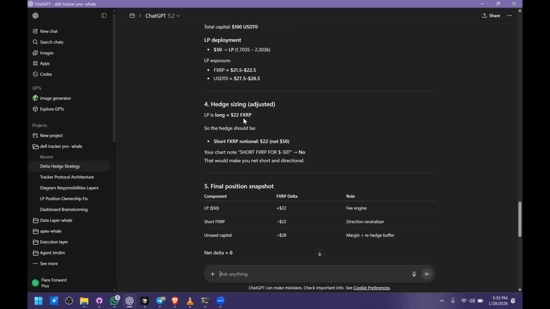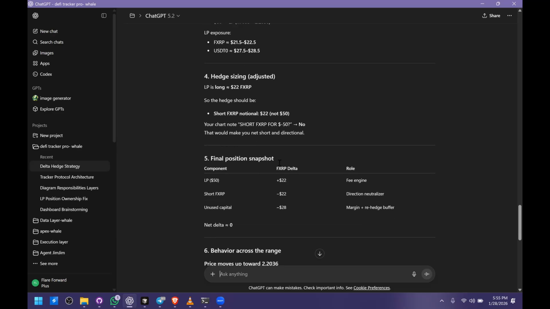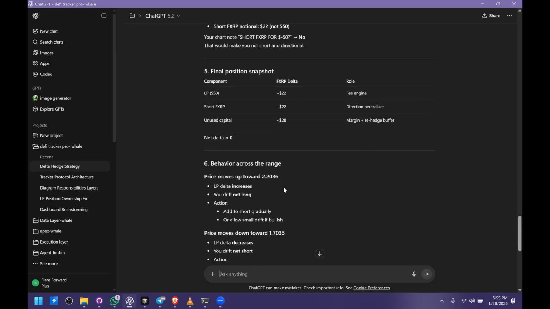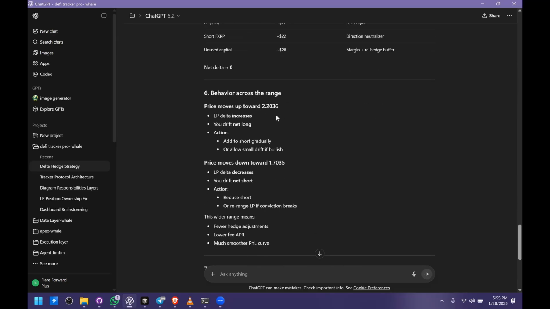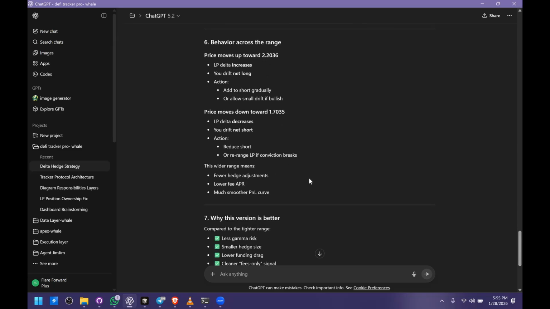LP long is 22 FXRP, $22. Yeah, it's $22. Add to short gradually.